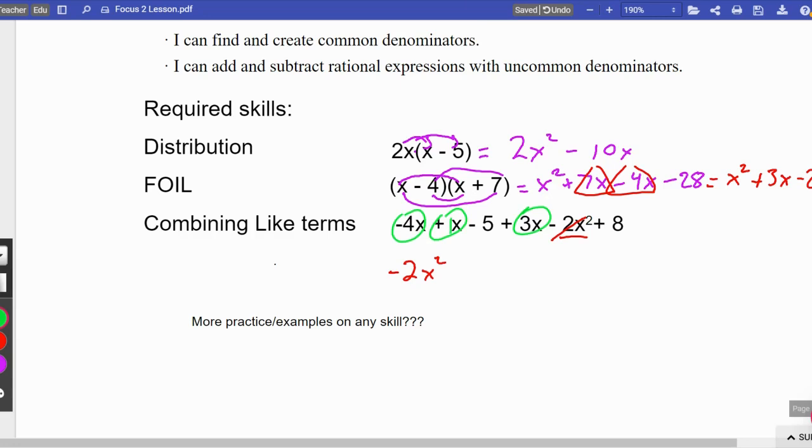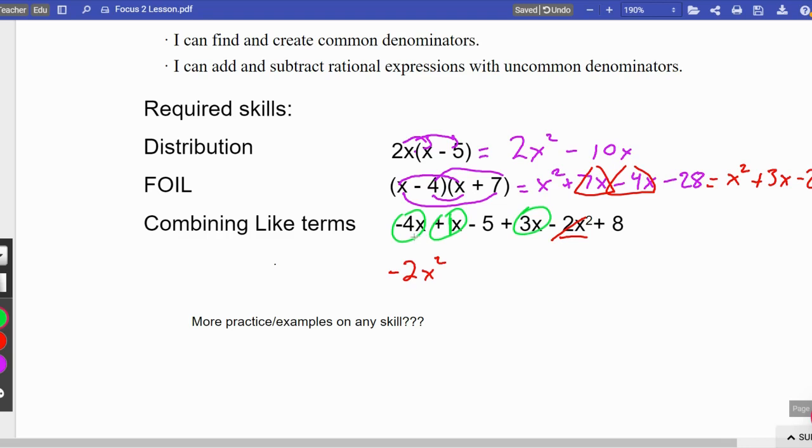There's a 1 in front of this one. It doesn't show it, but if it doesn't show a number in front of a variable, it's always a 1. So we'd have a negative 4, and then a 1 makes negative 3, and then plus 3x. That would be negative 3x plus 3x, so there's no x's. That term just completely disappears.